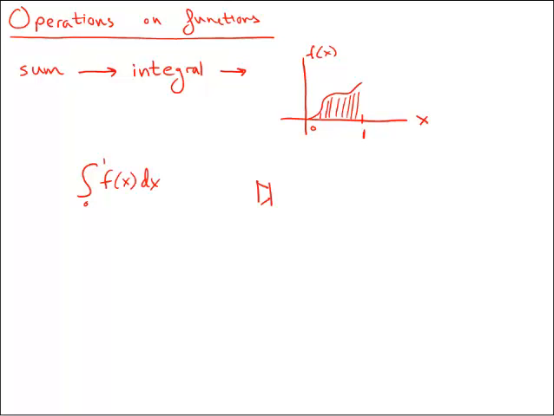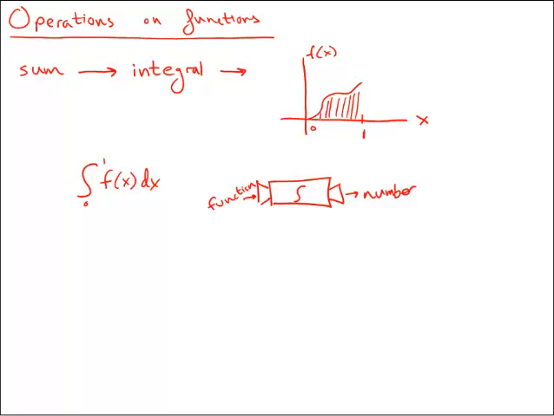So, here's another reason why the sum and the integral are very similar. What did the sum take in as its input? It took in a vector. And what was its output? A number, a scalar. What does the integral take in as its input? It takes in a function. And what is output? Its output is just a number.